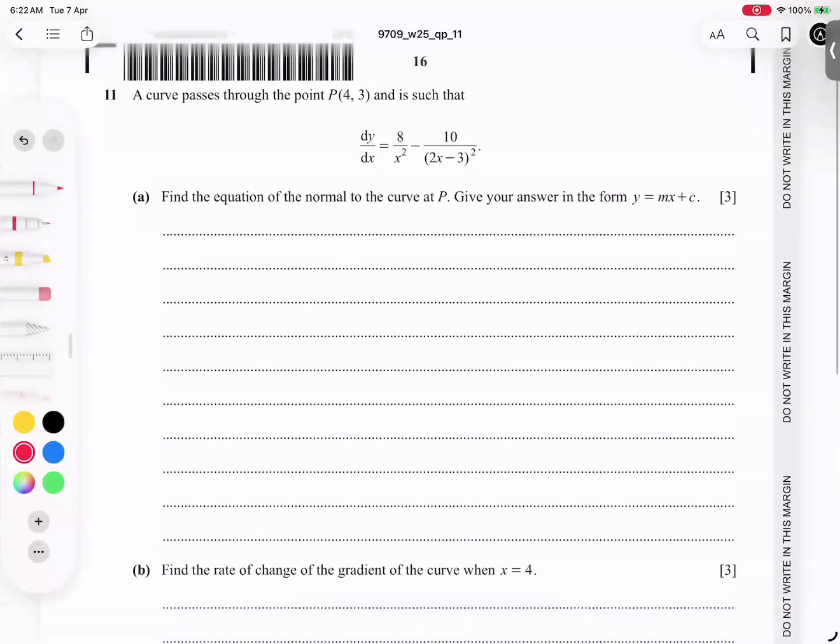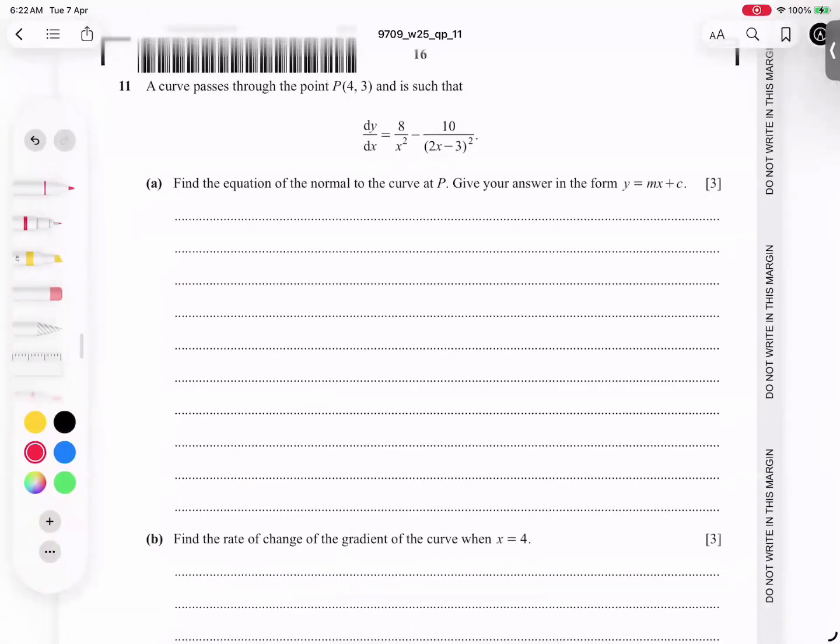Question number 11, students. We have a curve that passes through this point, and we are given this equation of dy. First of all, you're asking the equation of the normal. So job number 1, replace this 4 in the equation.